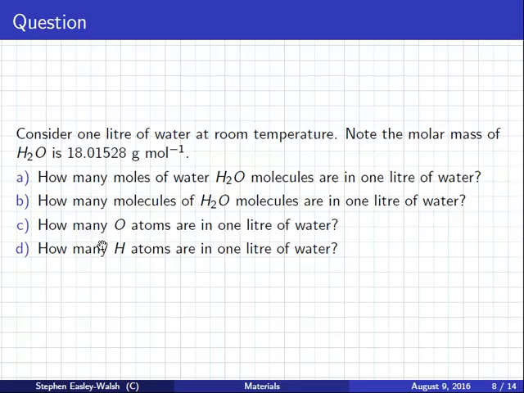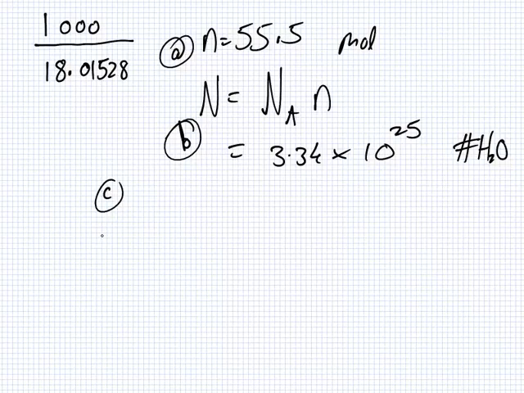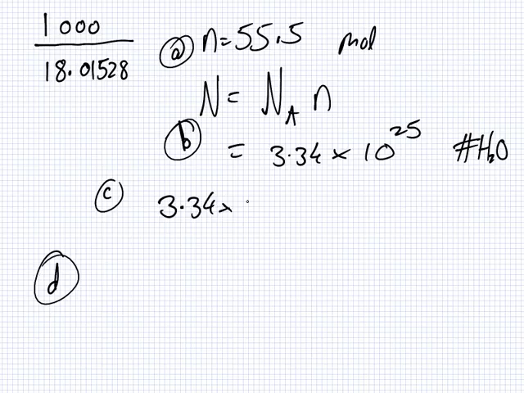How many oxygen atoms do I have? What do you think? Is it the same as this? No, interesting.